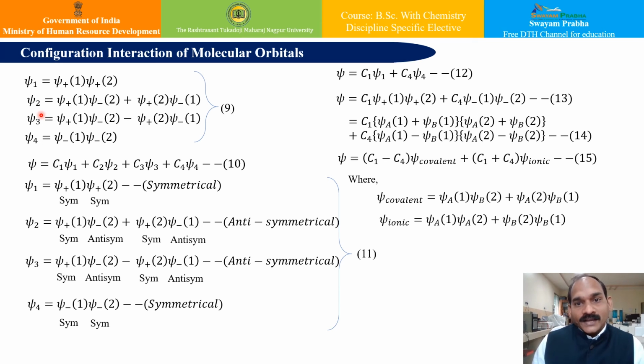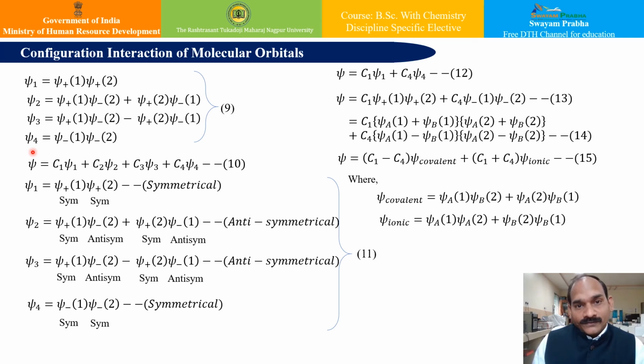And in psi2 and psi3, if you look here, in both of them one electron is assigned to the anti-bonding molecular orbital, and the other to the bonding molecular orbital. And in the psi4 state, both the electrons are assigned to the anti-bonding molecular state.